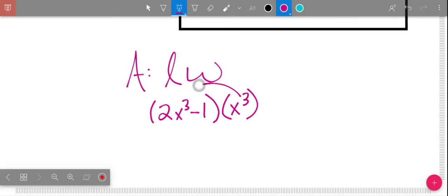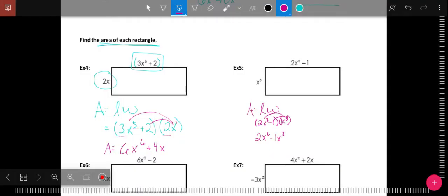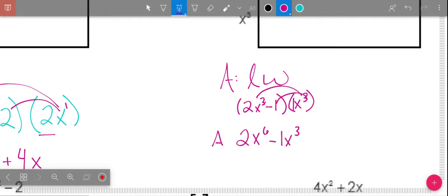So we're going to distribute that x cubed to everything inside the parentheses. So it has a coefficient of a 1. So 1 times 2 just gives me 2. And then we add our exponents together. So 3 plus 3 gives me x to the 6th. And then I distribute that x cubed. So negative 1 times x cubed just gives me negative 1 x cubed. And that's going to be your area for that one.